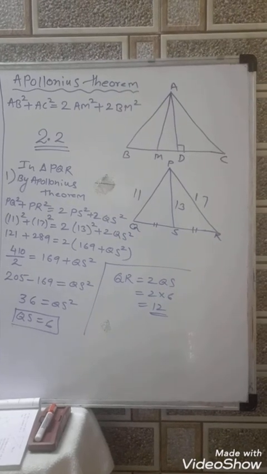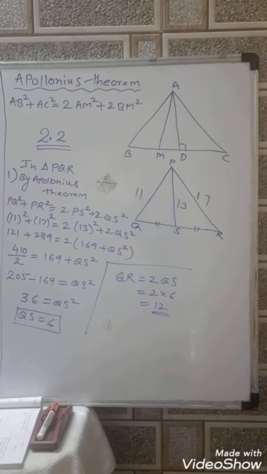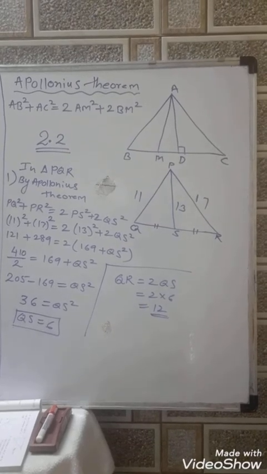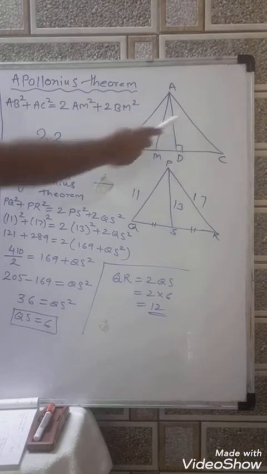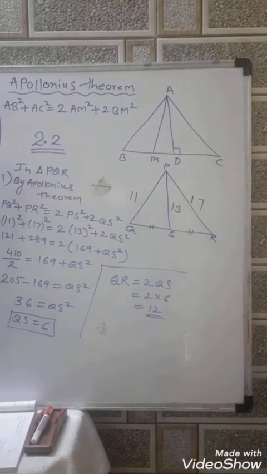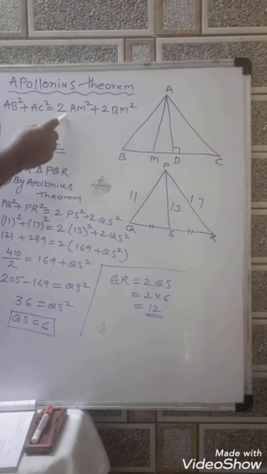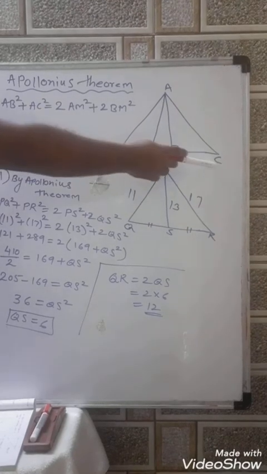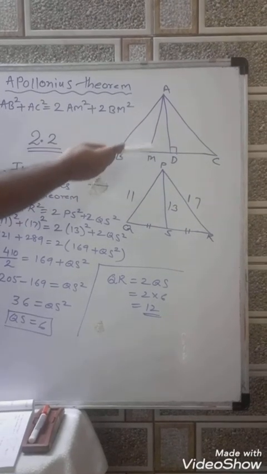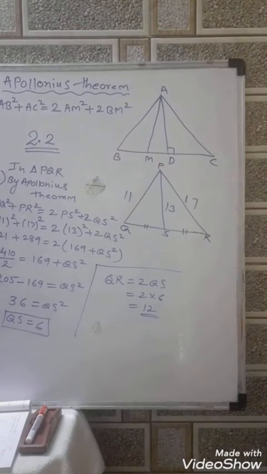Apollonius theorem. What is the meaning of Apollonius theorem? Apollonius theorem is used in a triangle. Square of the outer sides, that is AB square plus AC square, equals 2 times the median square, that is AM square, plus 2 times half of the side which the median forms, that is BM square, or you can write CM square.